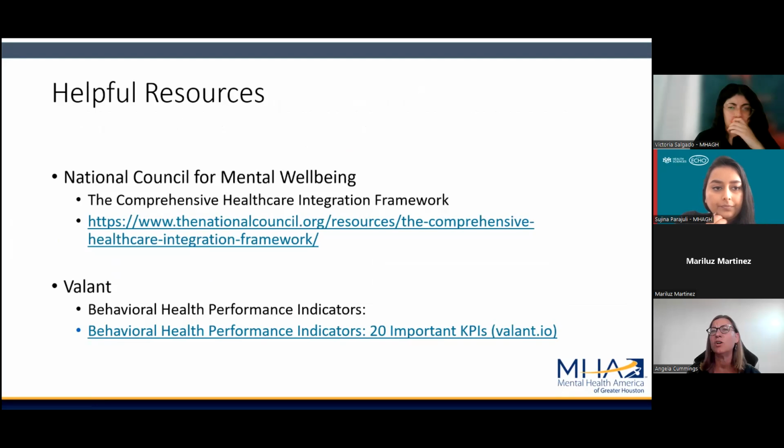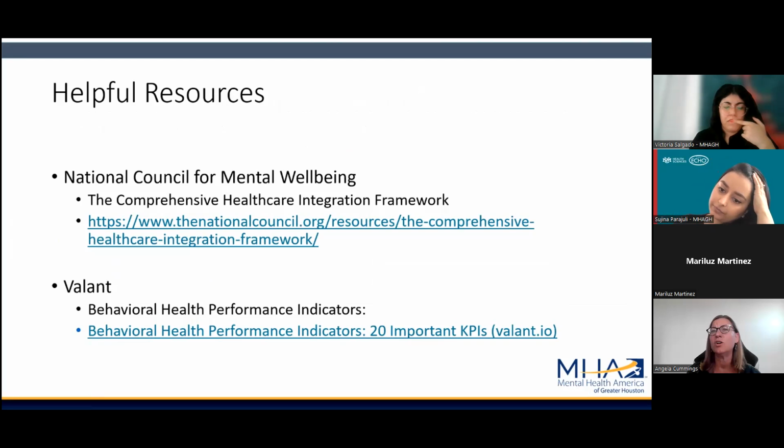And then there are some helpful resources out there to help you get started on your journey. The National Council for Mental Wellbeing just released an updated comprehensive healthcare integration framework.